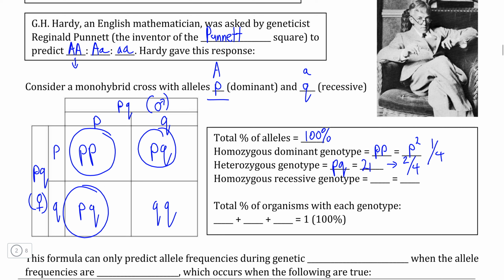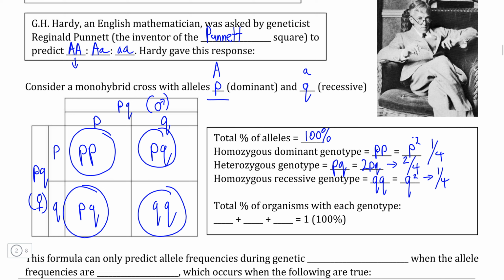and therefore we use the variable 2PQ to represent the heterozygous genotype, simply because there is a twice as likely probability of getting this particular genotype here. And finally, the homozygous recessive genotype, QQ, if the homozygous dominant genotype is referred to as P squared, the homozygous recessive genotype would be q squared, which also has a probability of 1 over 4.